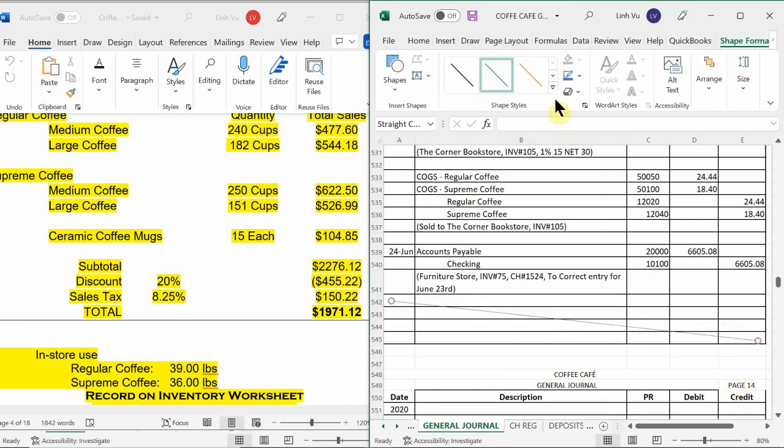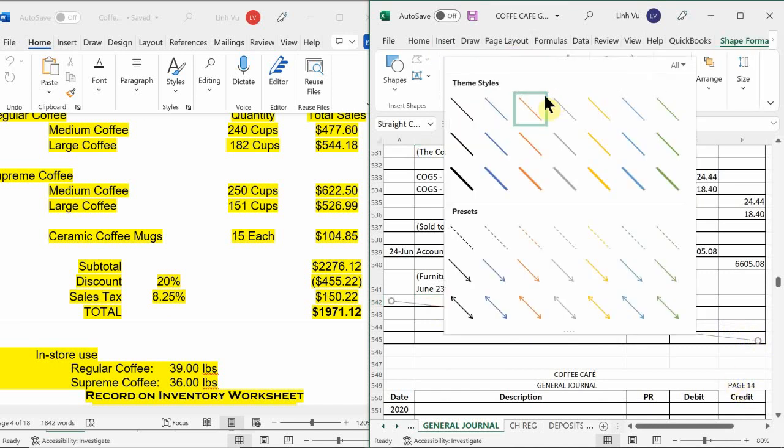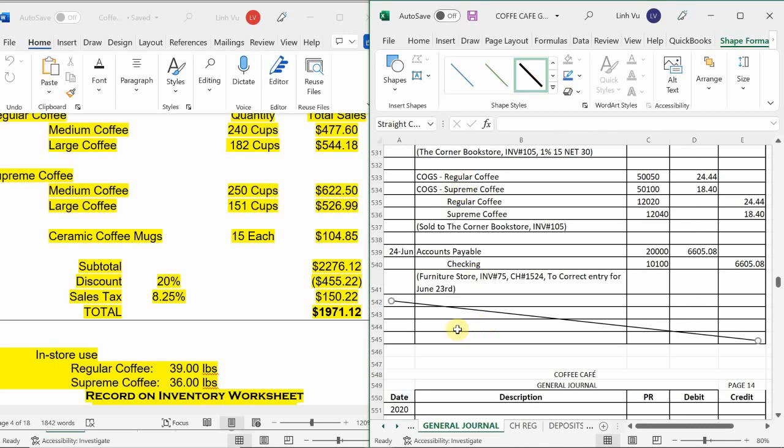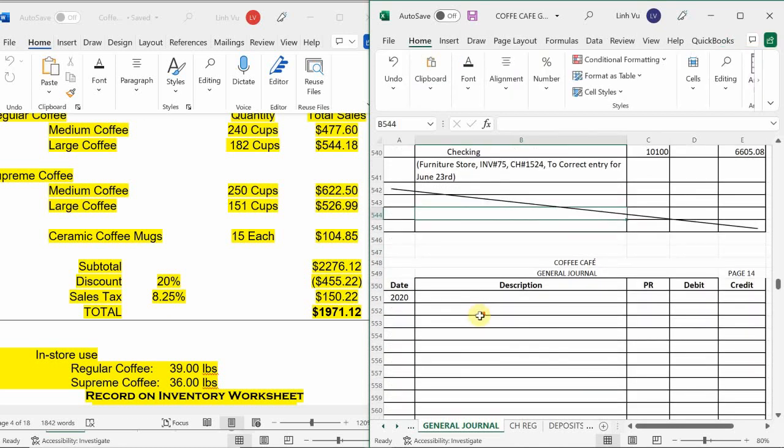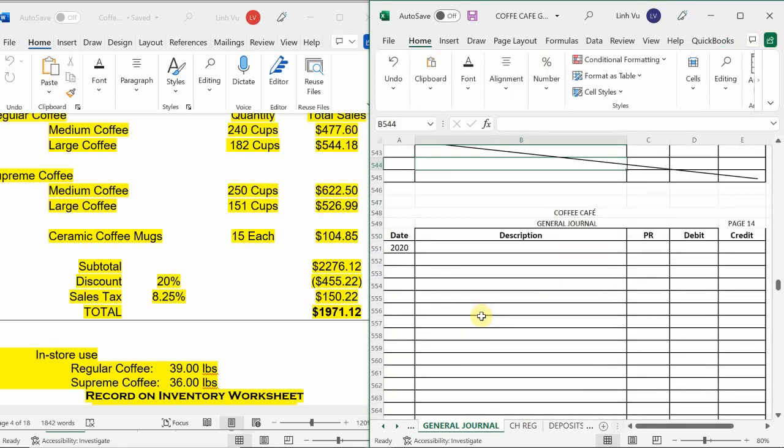Okay, and I'm going to make this a thick line. Okay, so that means the next transaction is going to be on page 14. Okay, for this transaction here. So we are going to record it on the 24th, but we're recognizing the sales that happened on the 23rd. Okay.